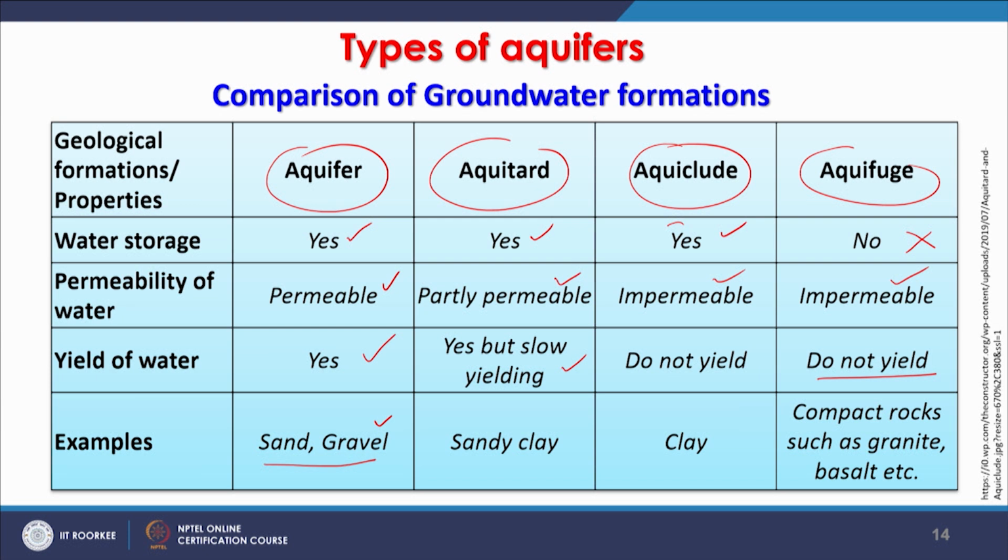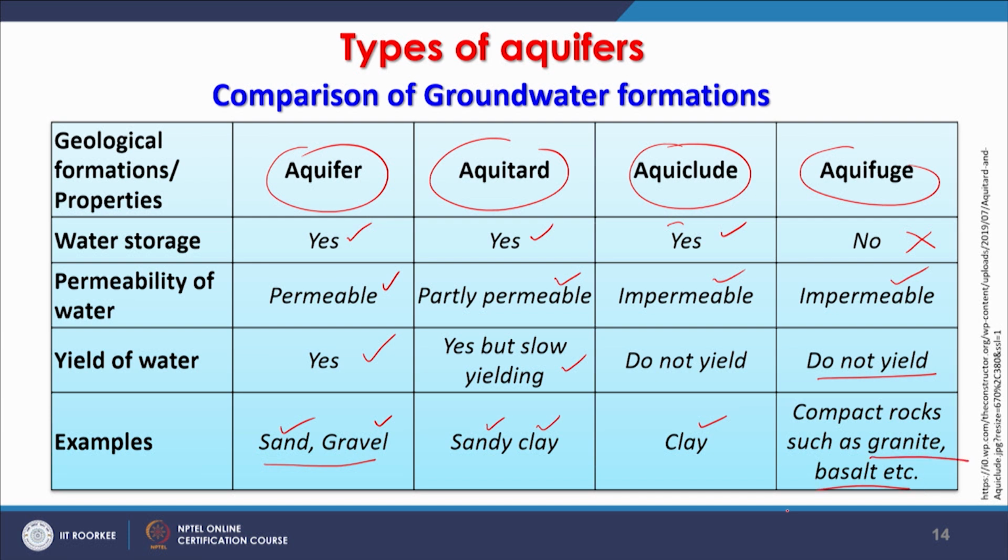So, as soon as rainfall occurs, the water goes down because of gravel. The movement of water is very fast. So, sand and gravel are examples of aquifer. Aquitard: clayey sand or sandy clay is an example. Aquiclude: purely clay, will not allow water to move. And aquifuges are generally compact rocks such as granite, basalt and other things.